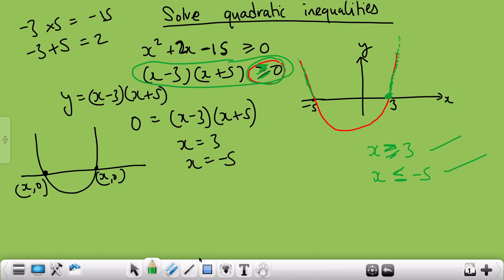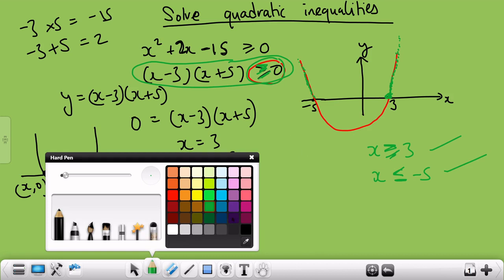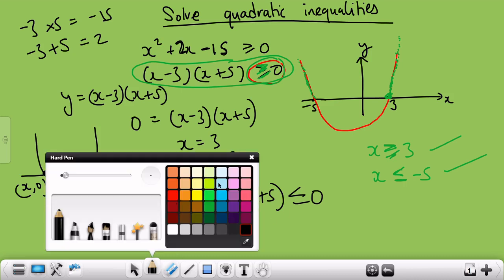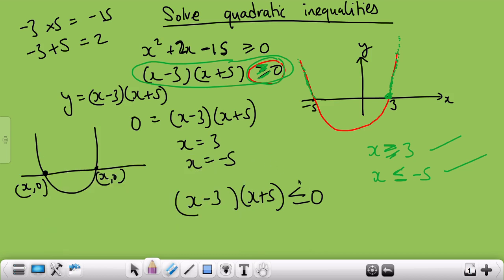And just remember this, if the question was the other way around, as I've explained in the previous video, in that case we would need to find all the values of y that are less than 0, which means below the x-axis.